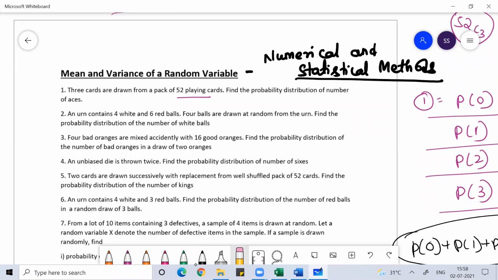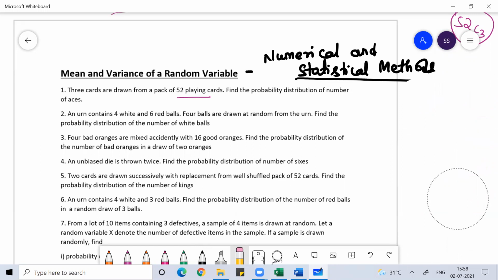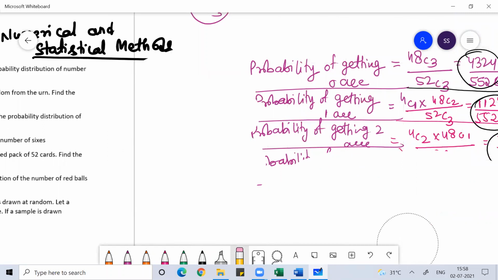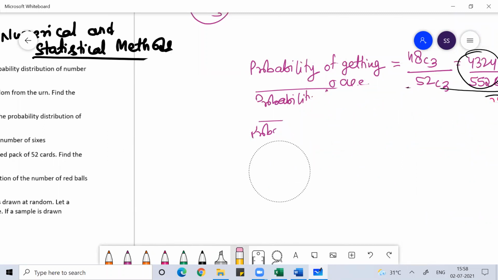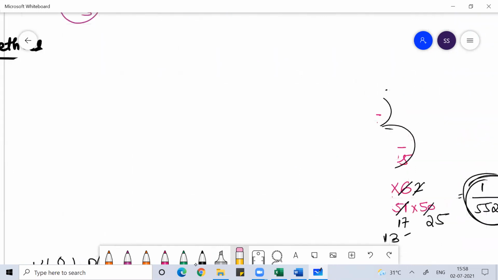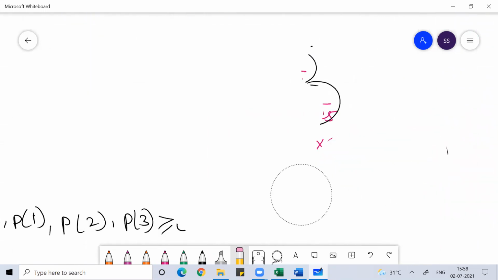Similarly, if I see the second question, in today's class we are just talking about how we can determine the probability distribution. We are only talking about the exam. You may get a question where the probability distribution is already given to you, so you don't have to make the effort to find it.